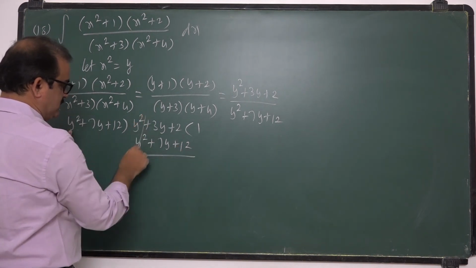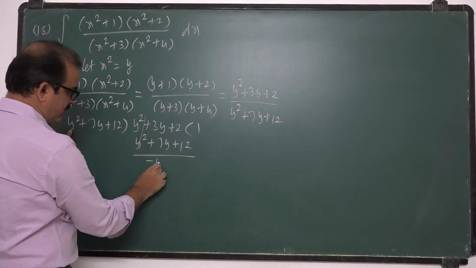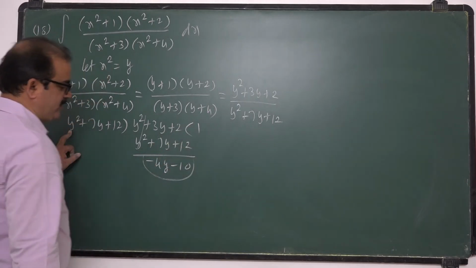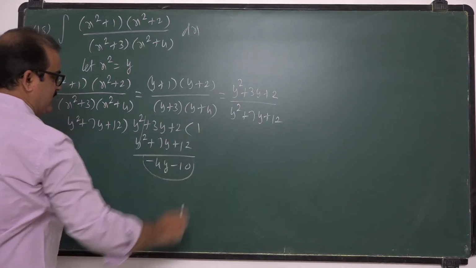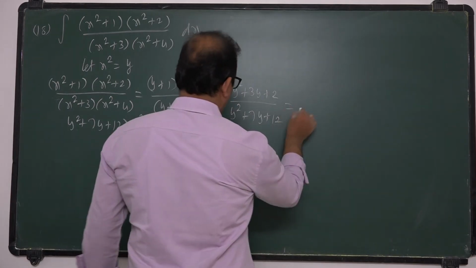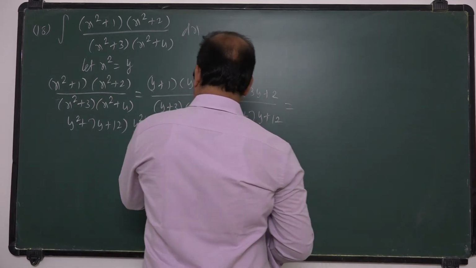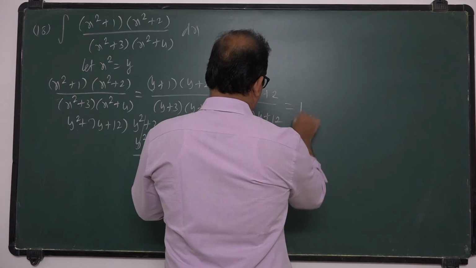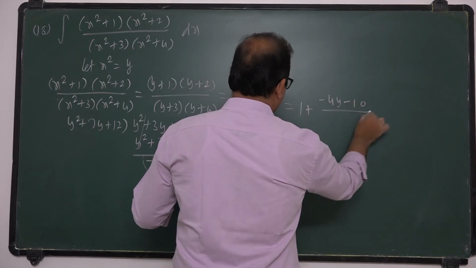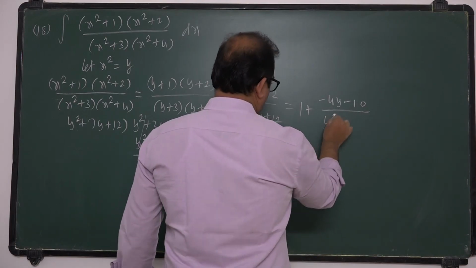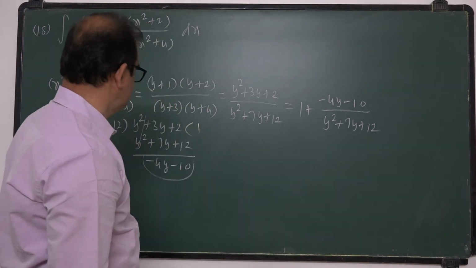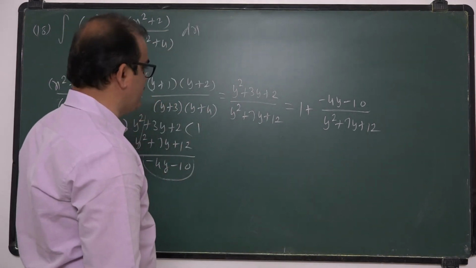On subtracting, y square cancel, we get minus 4y minus 10. This is the remainder. So this fraction is equal to one plus minus 4y minus 10 by y square plus 7y plus 12. Quotient plus remainder by divisor.